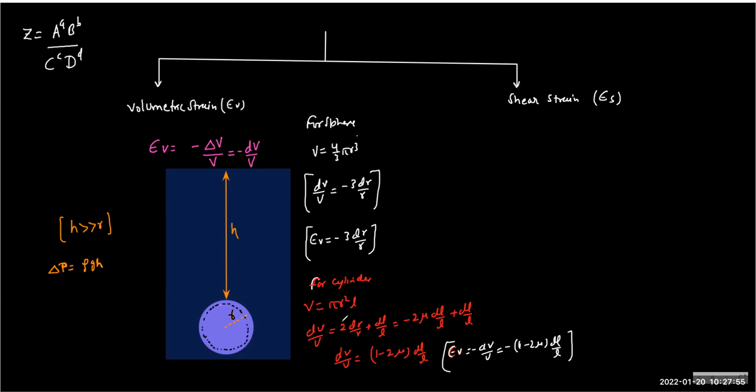Yeah, mu is less than or equal to half. Okay, so that's why this is negative. What we should have written is minus 2 mu minus 1 if it is getting compressed. If mu is less than half, it will become how much? Negative 1. This will become negative, no? This is negative.